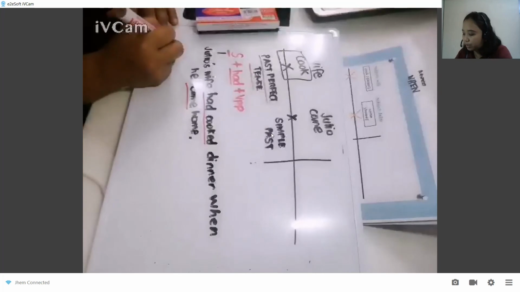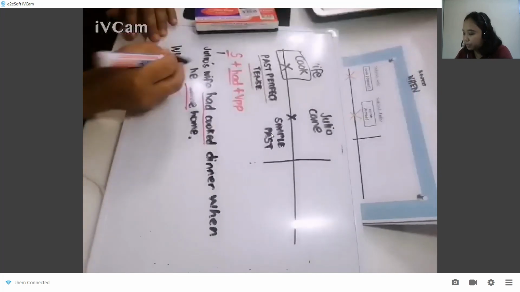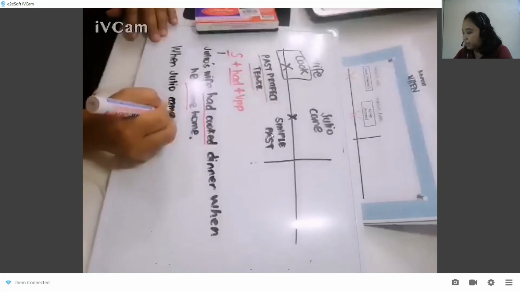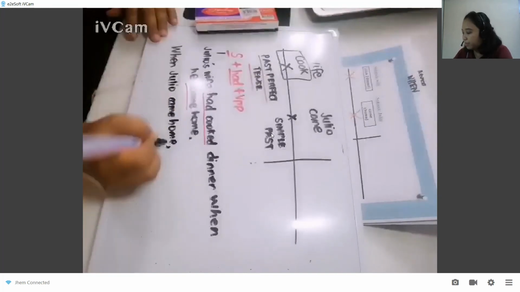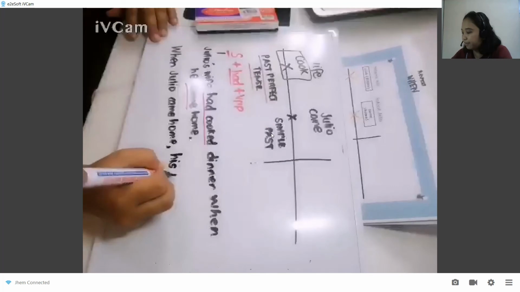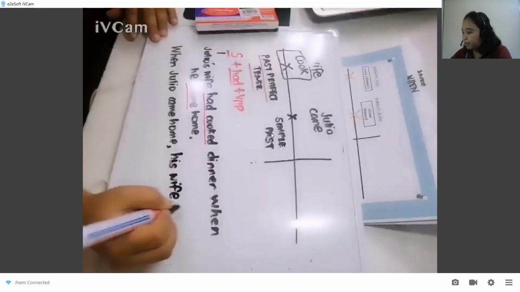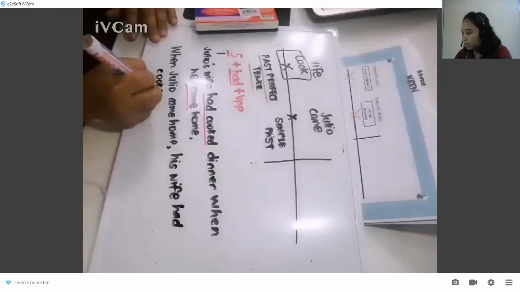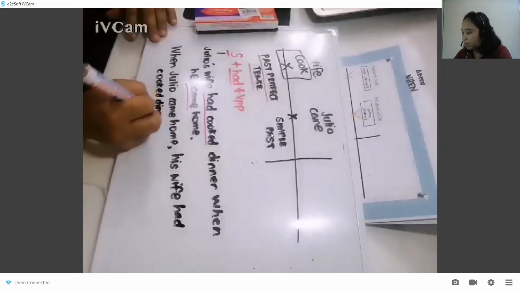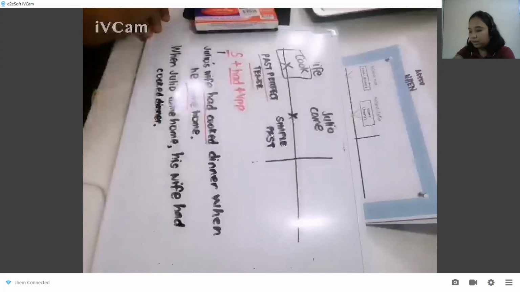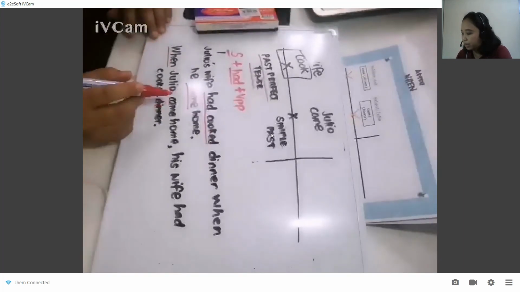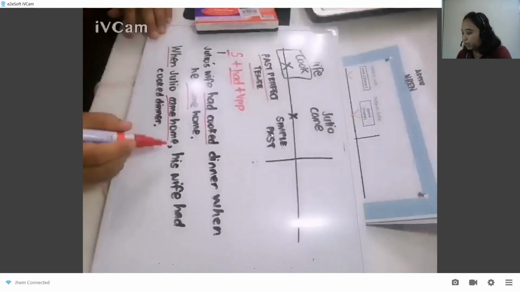We could start with the conjunction when Julio came home, his wife had cooked dinner. So again, we started off with the conjunction when and then the simple past form.